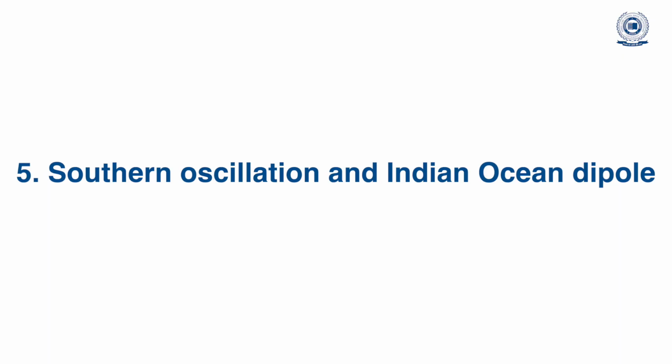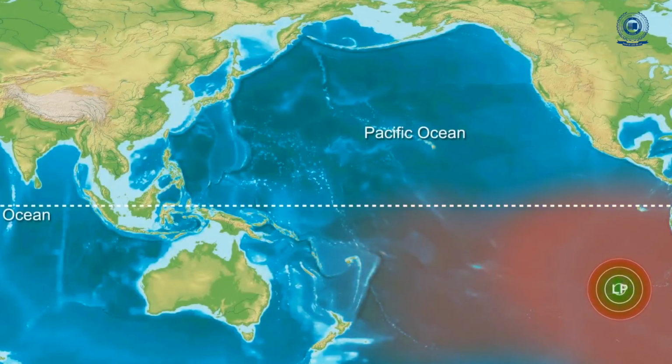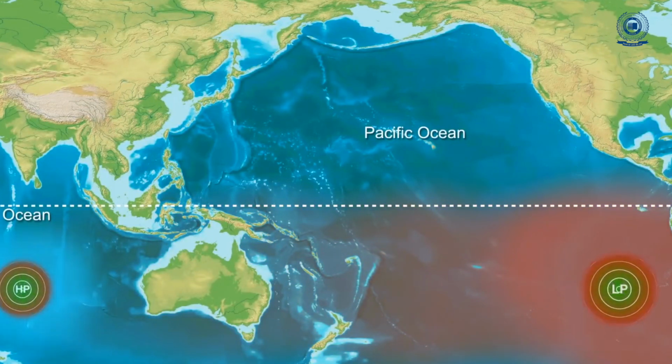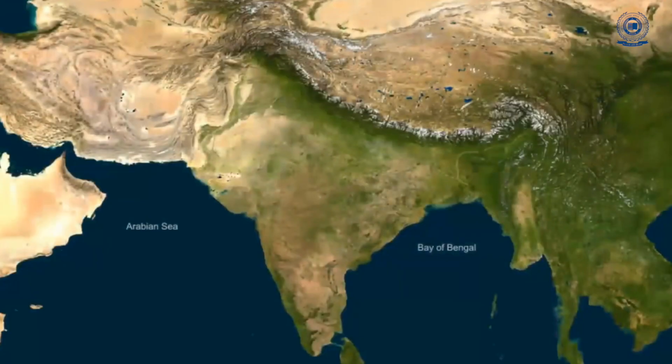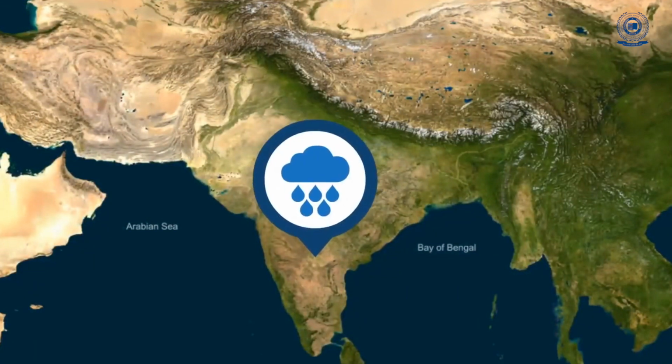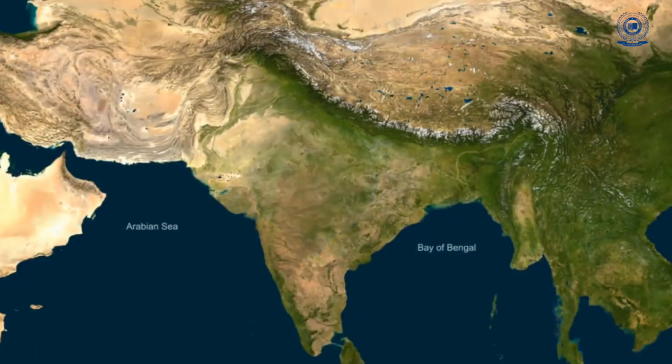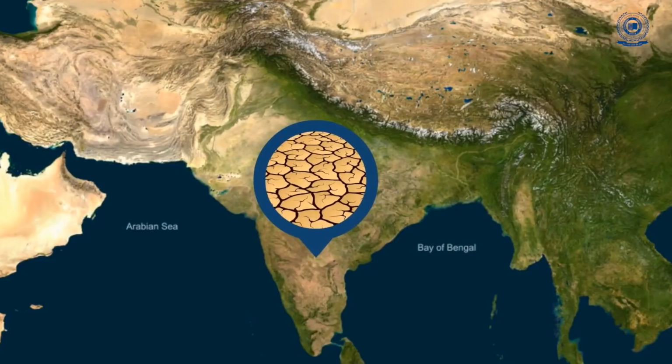Fifth, Southern Oscillation and Indian Dipole. Indian Ocean is at a low temperature and high pressure in comparison to Southeast Pacific, which is at high temperature and low pressure. This process reverts every 3 to 9 years. This reversal of heat and pressure is known as Southern Oscillation. The normal process leads to a good monsoon, and opposite brings droughts and famine.